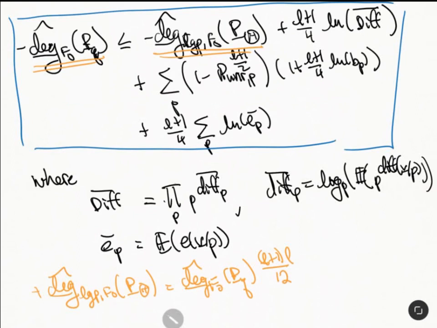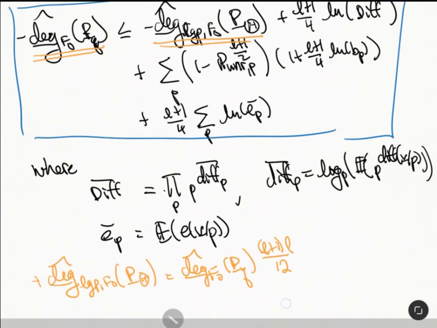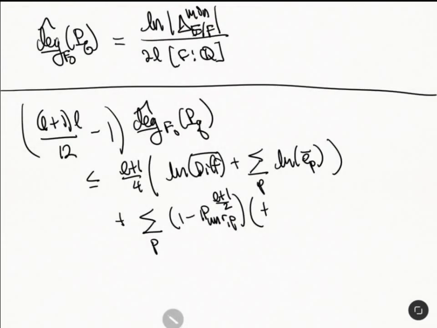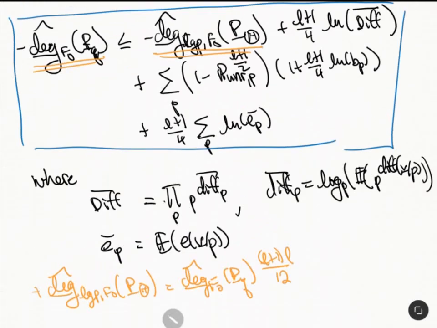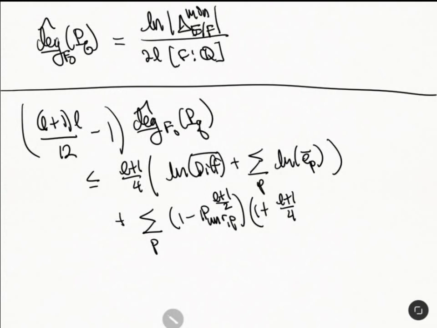And then we have 1 plus L plus 1 over 4. Then this natural logarithm term, ln BP.